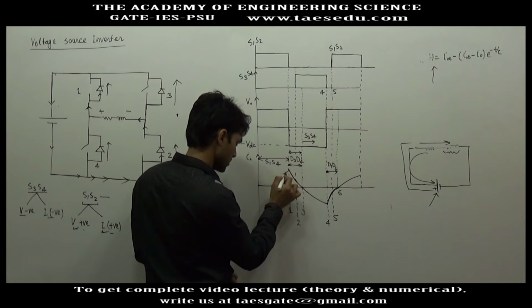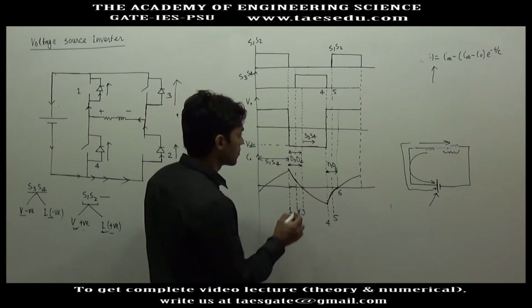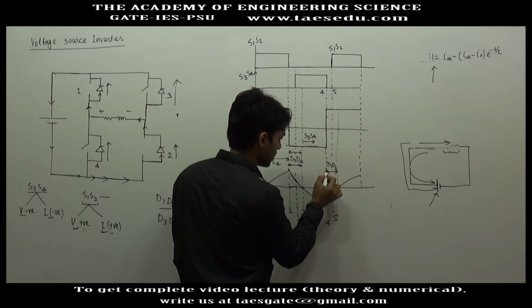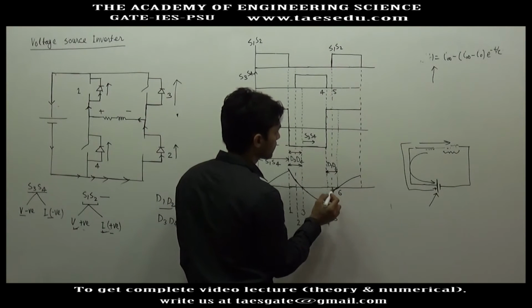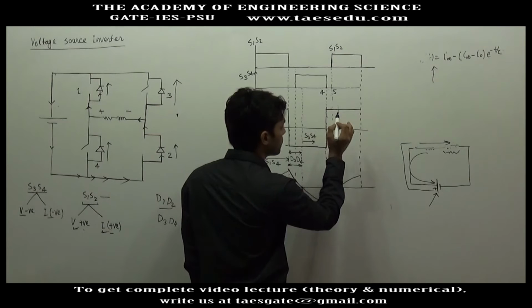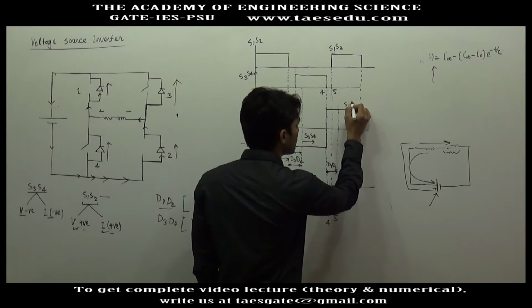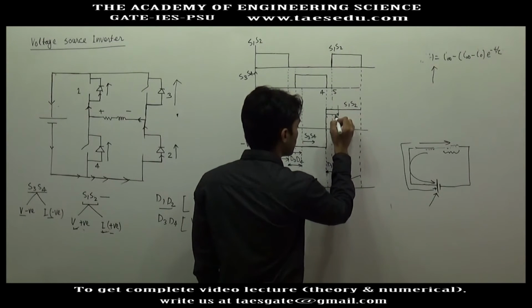This current will start like this. So please observe in the third half cycle, whenever output voltage starts becoming positive, before switches S1 and S2, D1 and D2 conduct.